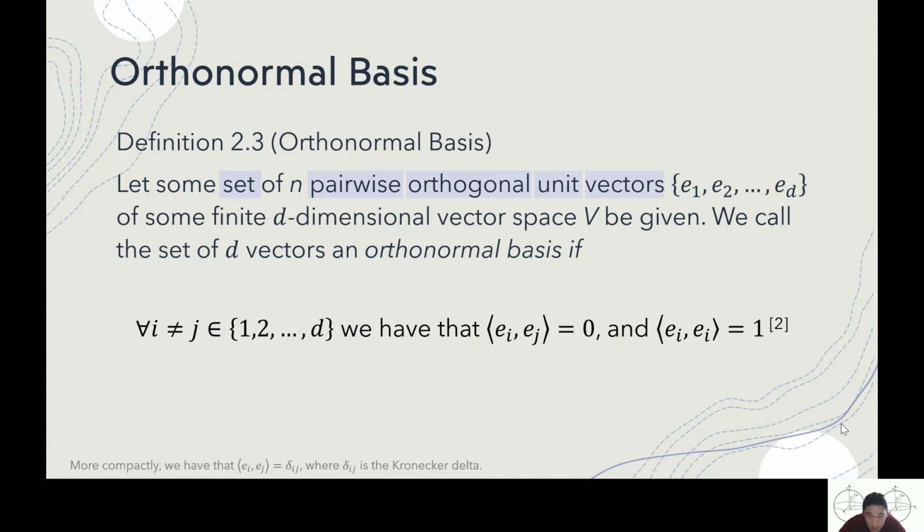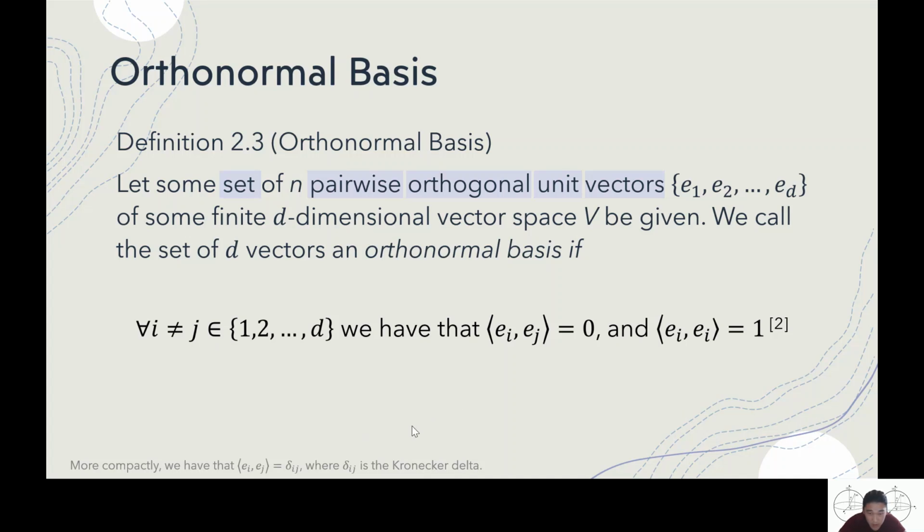It's normalized, and we capture the orthogonality by saying that the inner product between distinct vectors is 0, and we capture normality by saying that the inner product between a vector and itself is 1. So more compactly, we can just say that the inner product between any two vectors is just the Kronecker delta. Hello, my physicist friends.